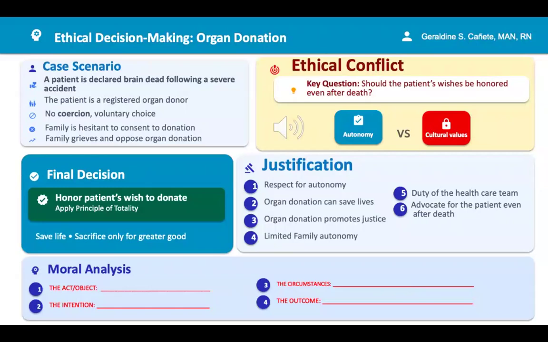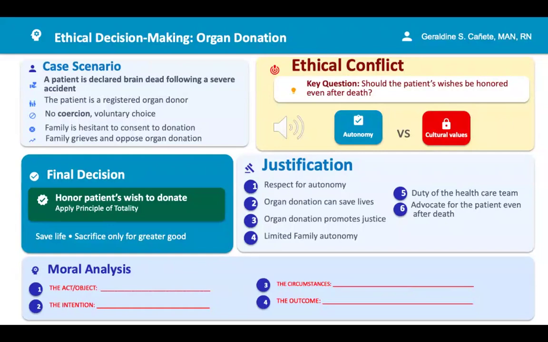And while families have a right to make decisions for their loved ones, the right is not absolute and should not override the patient's prior autonomous wishes, except, of course, in extraordinary circumstances. And the healthcare team has a duty to advocate for the patient's wishes even after death. Those are the justifications.